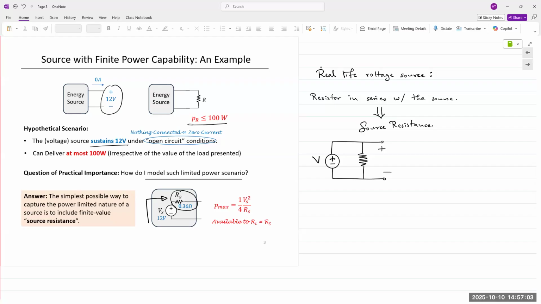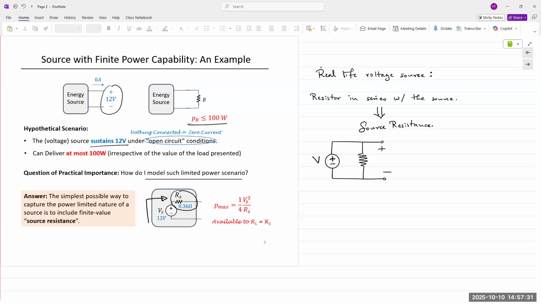In real life, sources or benchtop supplies are designed to compensate for that internal source resistance. So if it's 0.36 ohms, we can calculate how much power is absorbed by 0.36 ohms, and design our power supplies in a way that the voltage drop is accounted for.